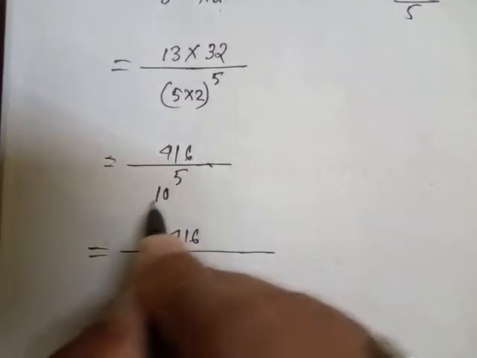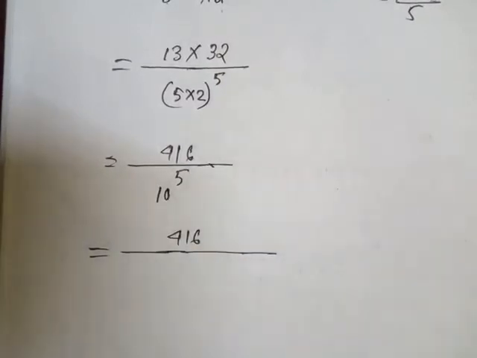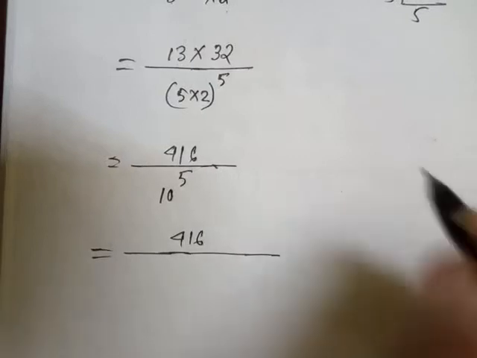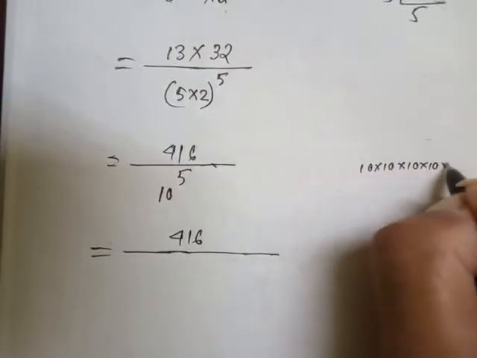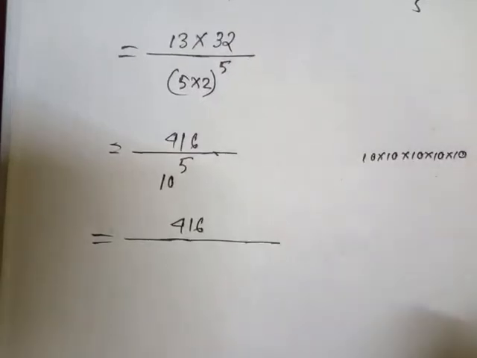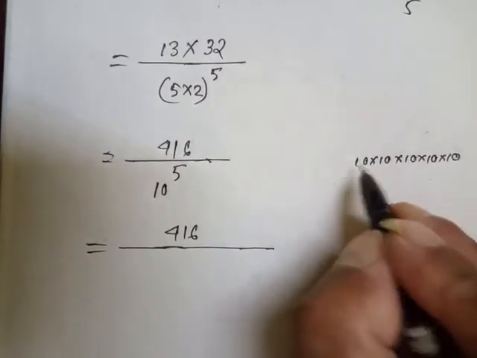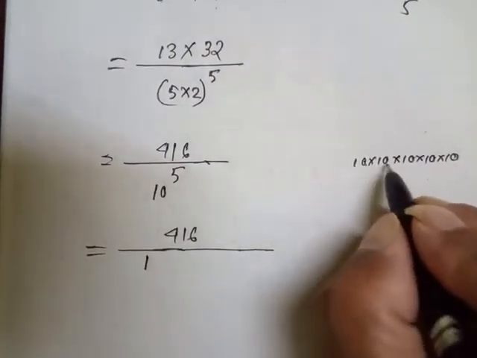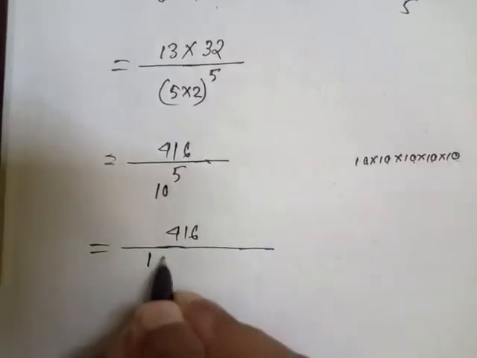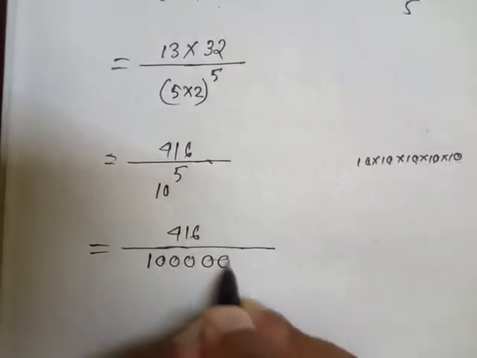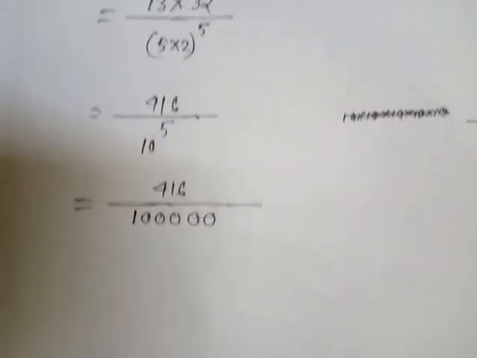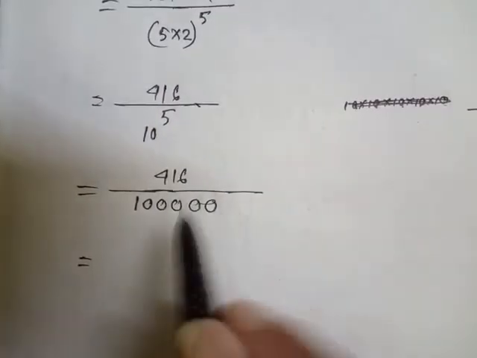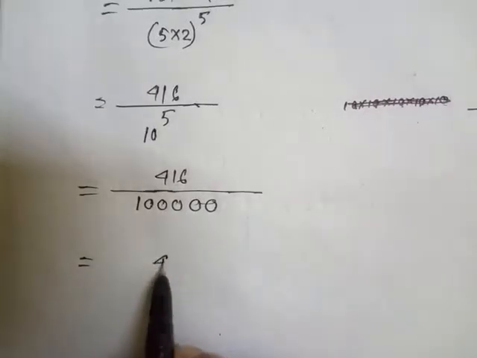It is not like 5 10s are 50, not like that. It is 10 into 5 times, which means 10 into 10 into 10 into 10 into 10. This is 10 to the power 5. So 1 will be here. Now how many 0s? 1, 2, 3, 4, 5, so 5 0s will be here. I hope you understand. Now next, look here, 416. First I will write here 416.